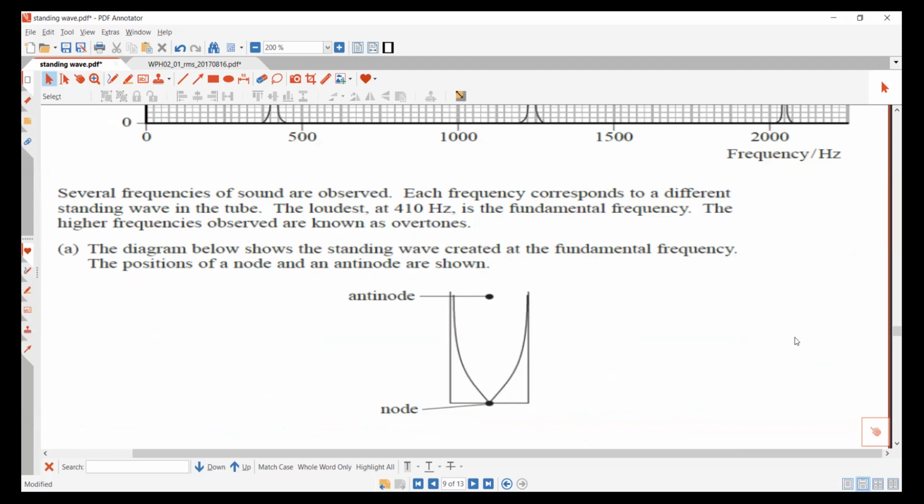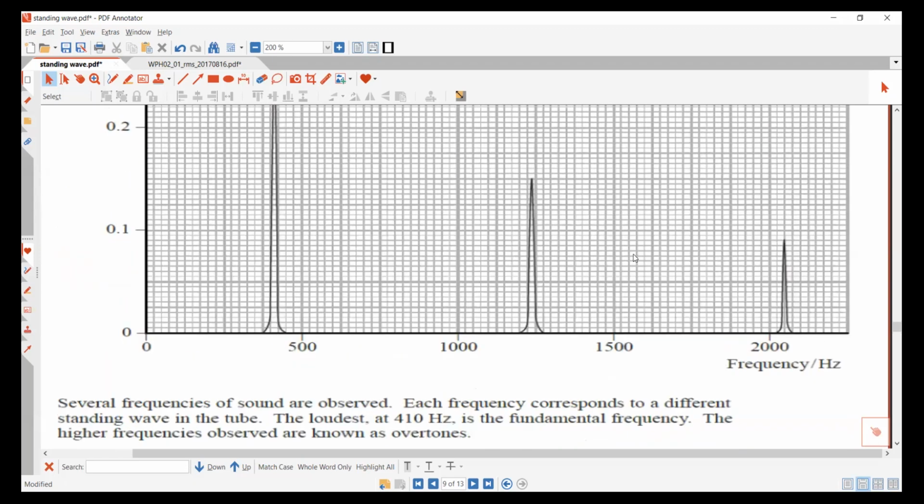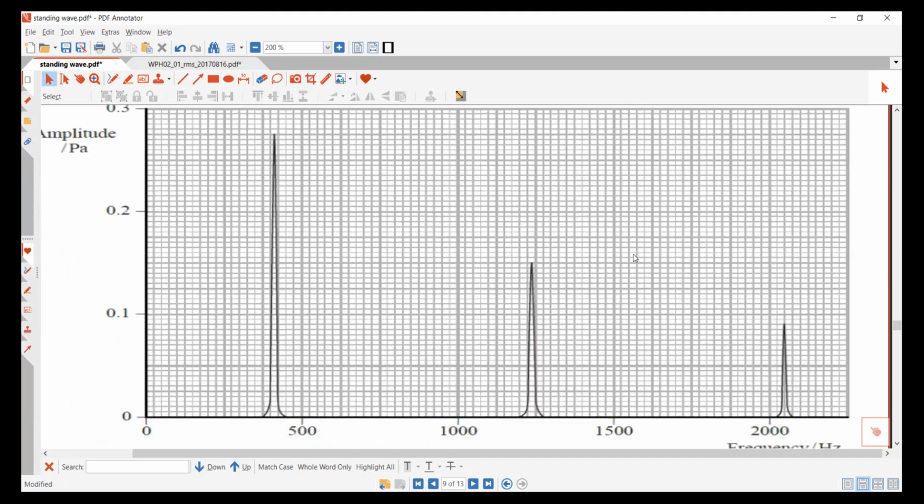Several frequencies of the sounds are observed. Each frequency corresponded to a different standing wave in the tube. The loudest, meaning the one with the highest amplitude, is louder. Please remember this, we studied this in O level. If you hit a drum, the amplitude of the drum is going to be very high.